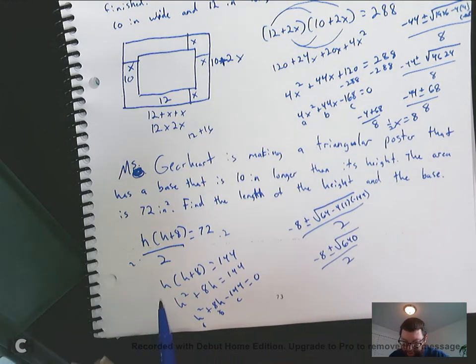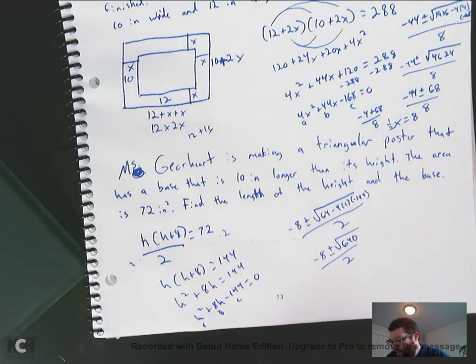So the square root of 640, and I've done something wrong. What did I do wrong? Well, what did I do?